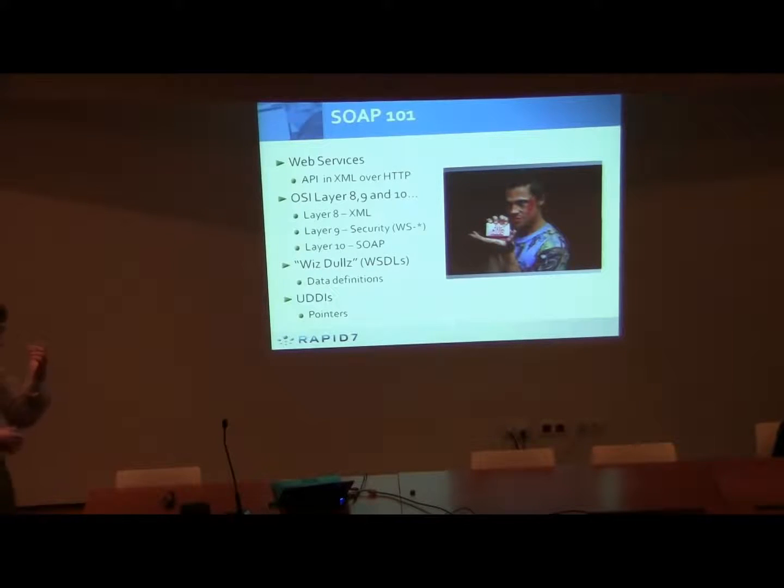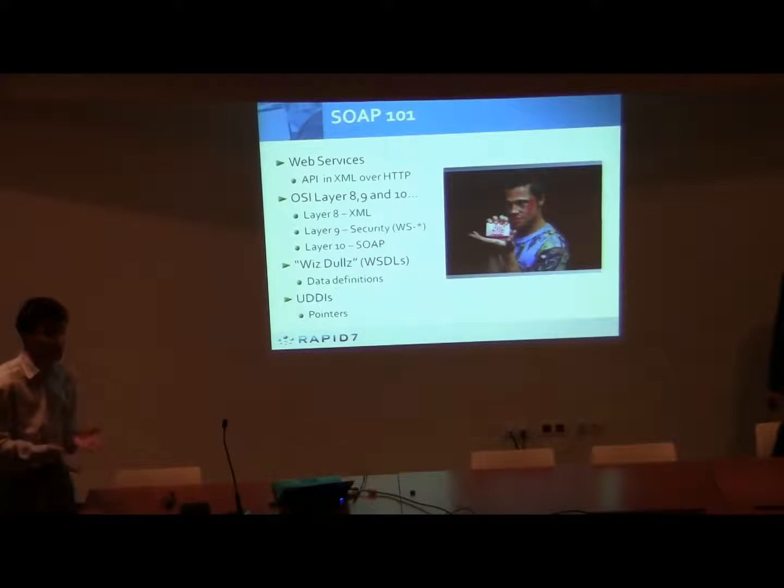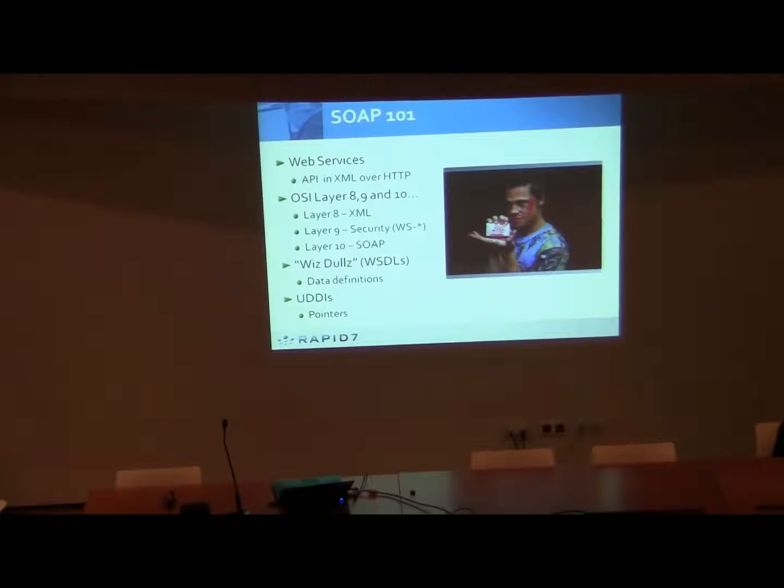So you have to understand what the data definition is first, and then be able to construct something that can make these requests in a manner that the service on the back end would understand. The last item here is UDDI. It's basically just referencing a particular web service. It gives you a pointer to a web service, saying, okay, here's where I need to go to get more information about this particular service.